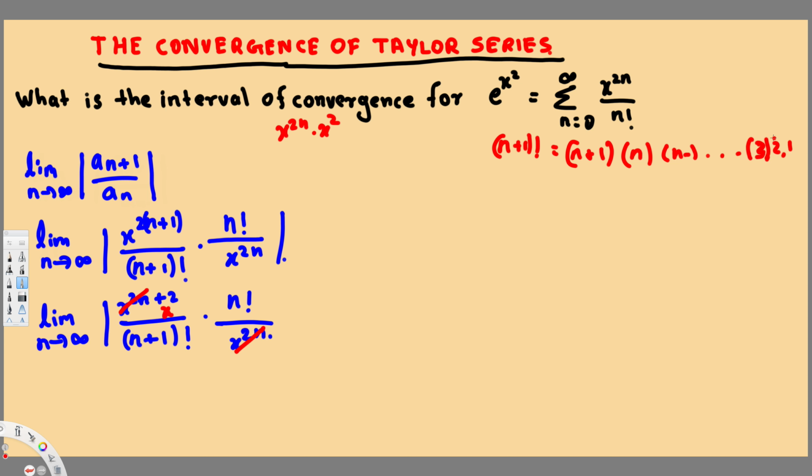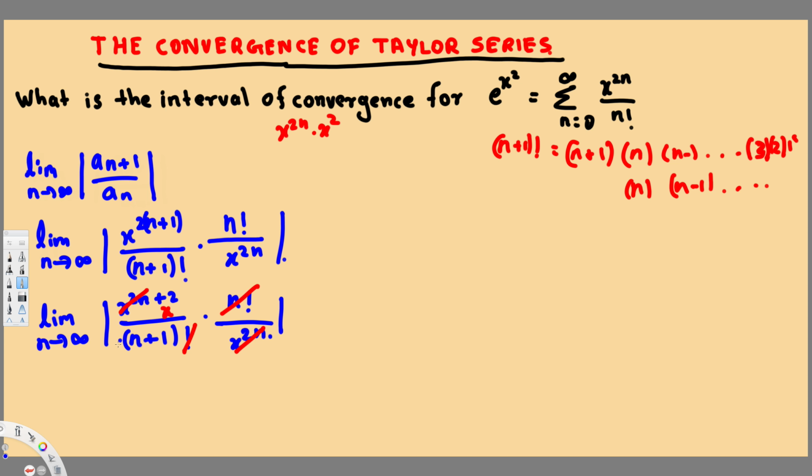For n factorial, it starts from n, then n minus 1, and so on, with the same values. So the only difference is that we have n plus 1 remaining, and the other things are the same. So we can cancel those, and we have n plus 1 in the denominator: x squared in the numerator, and n plus 1 in the denominator.